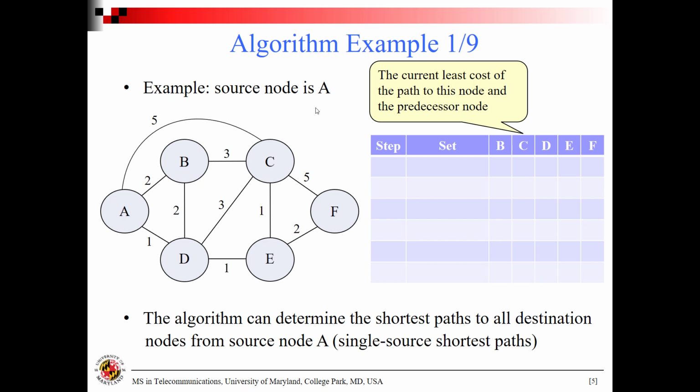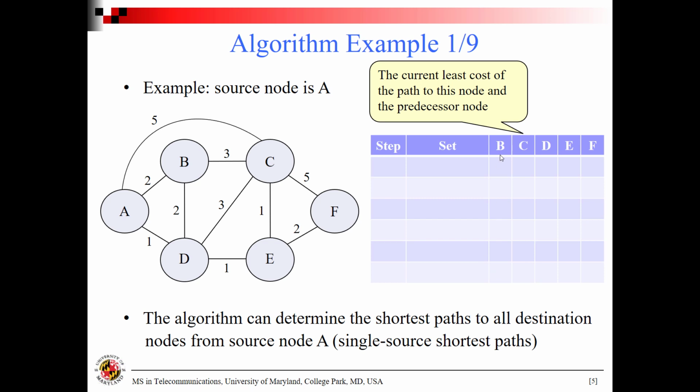All right. So let's take a look at this table, and let's look at the individual columns. So the first one is the step. We have discussed that. The next one will be the set. So in this column, we will keep track of which nodes have been added to the set. In each step, we will add the source node first, and then we will add the rest of the nodes in a particular order. You will see how that evolves.